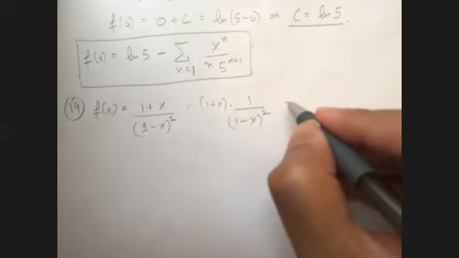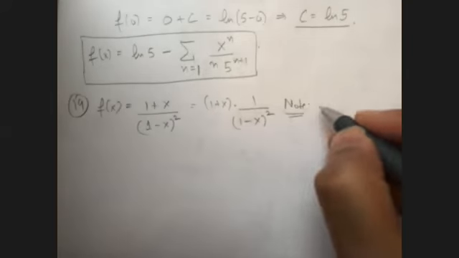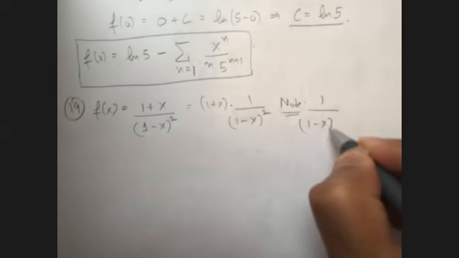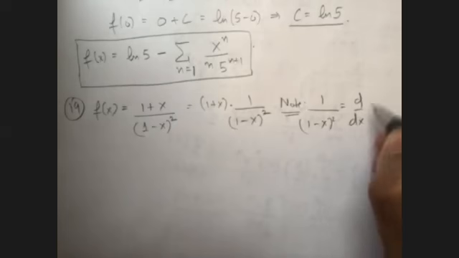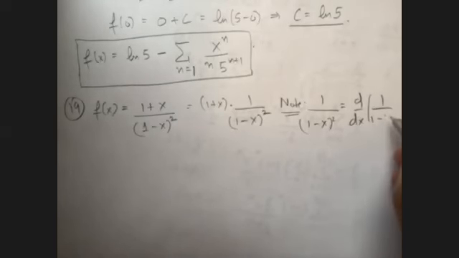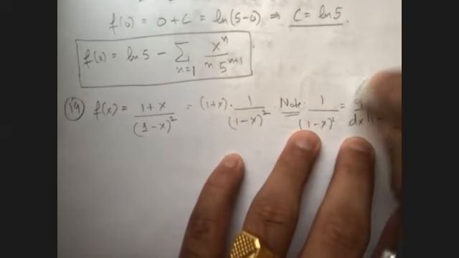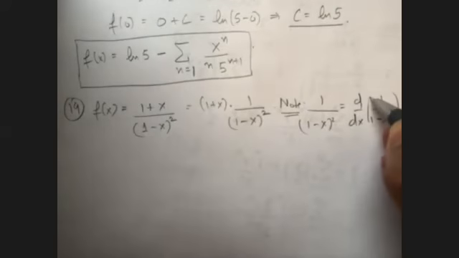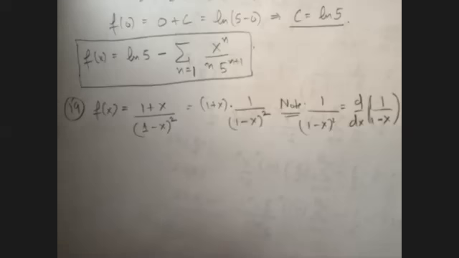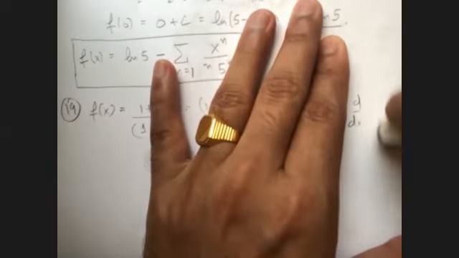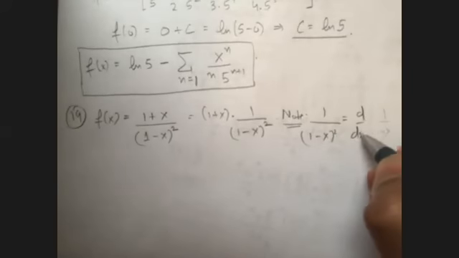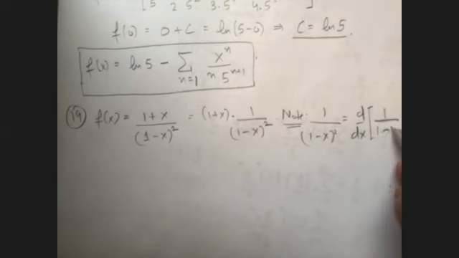So if you note, 1 over 1 minus x squared is d by dx of 1 over 1 minus x.